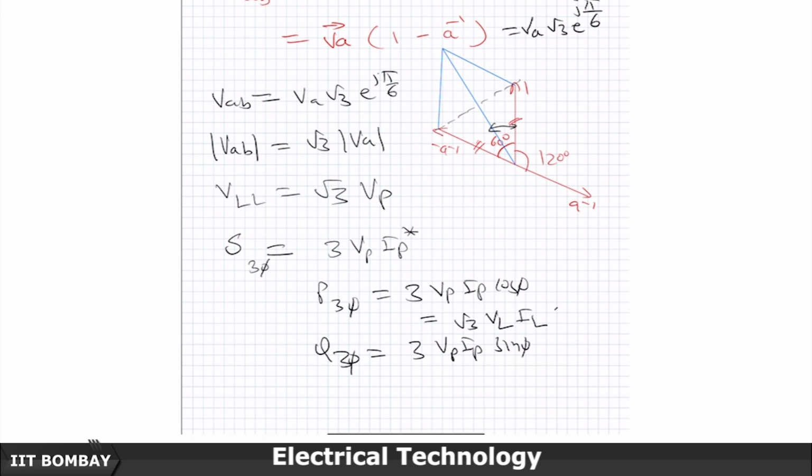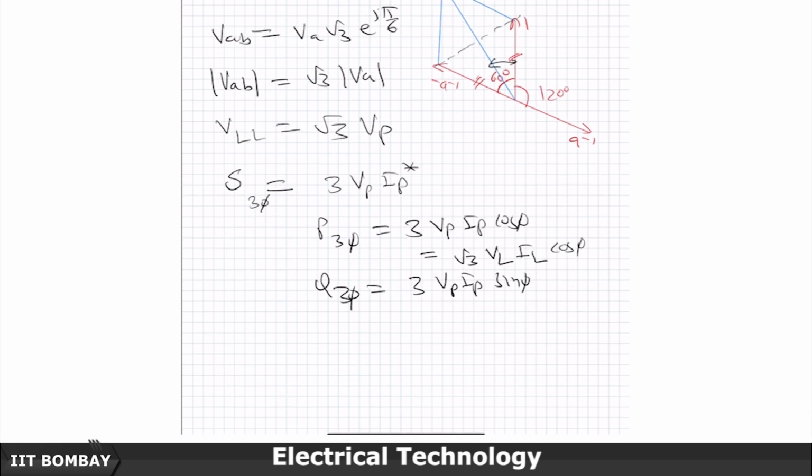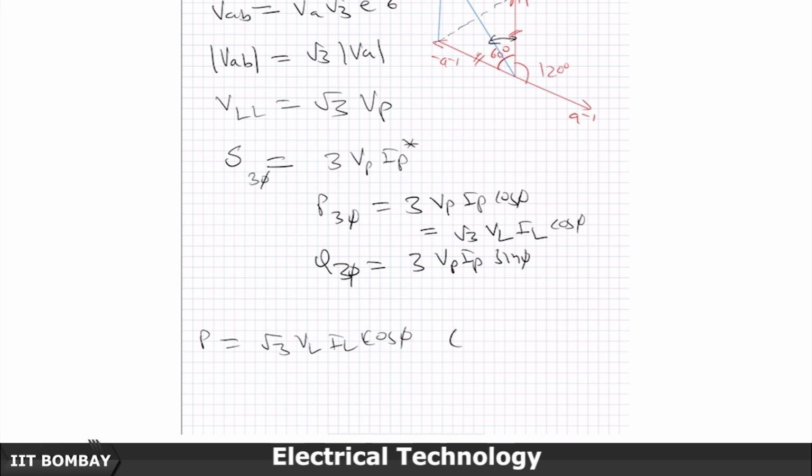and so the 3 phase power is root 3 VL IL cos phi for the star connection. The unit is watts, and Q will be root 3 VL IL sin of phi.